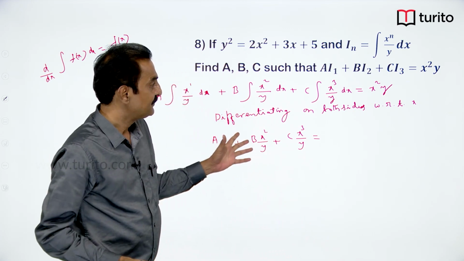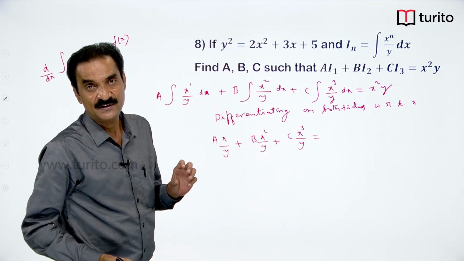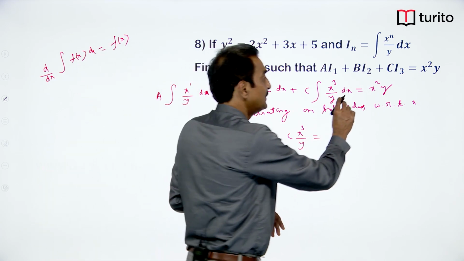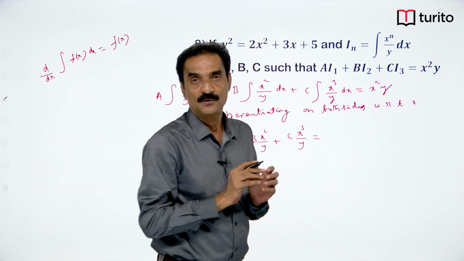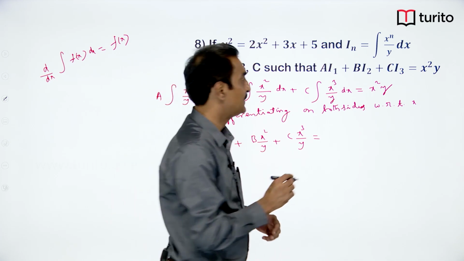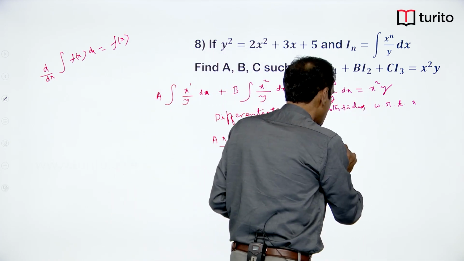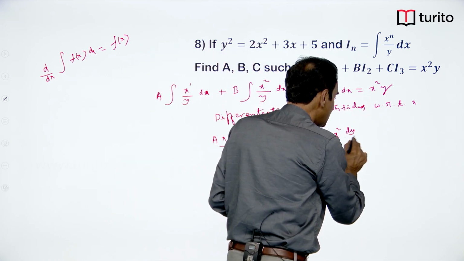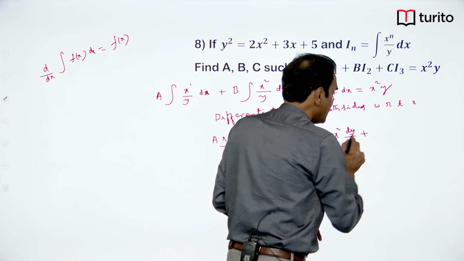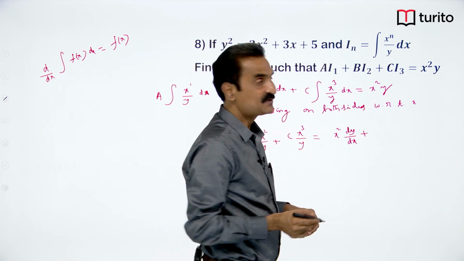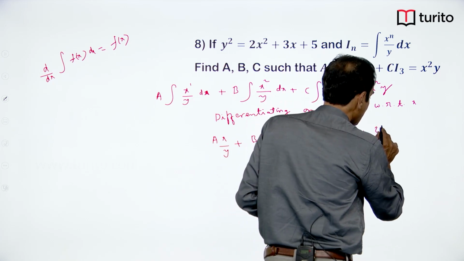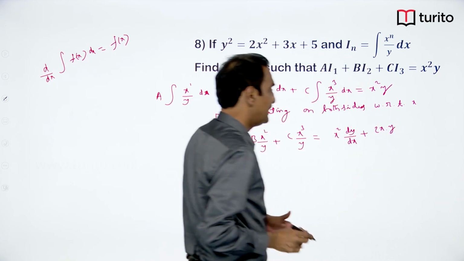And what is the RHS? You have to differentiate. Y is a function of x, so you have to apply the UV rule and differentiate it. X square into derivative of y is dy by dx, plus derivative of x square is 2x into y.